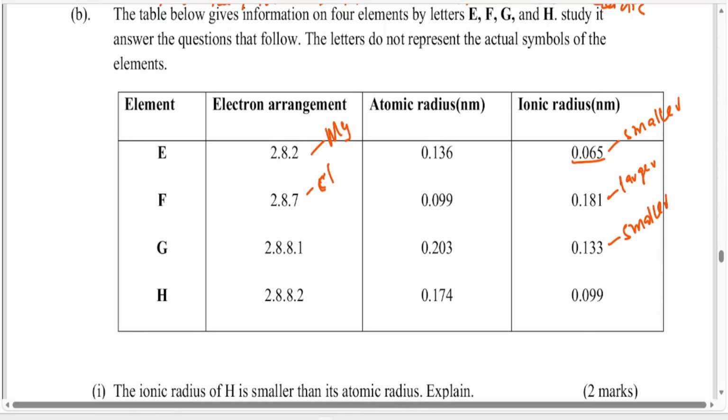Then H is 2, 8, 8, 2, which has atomic radius of 0.174 and ionic radius of 0.099, which is again smaller. The ionic radius is smaller than its atomic radius. G is potassium, and H is calcium.